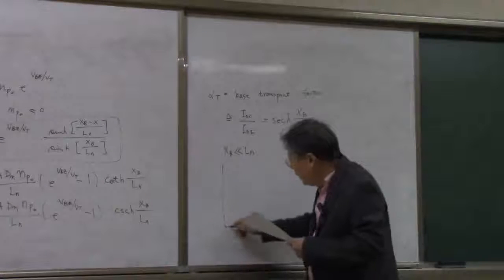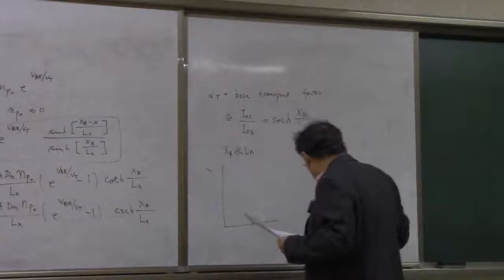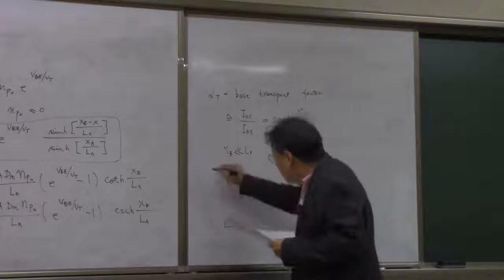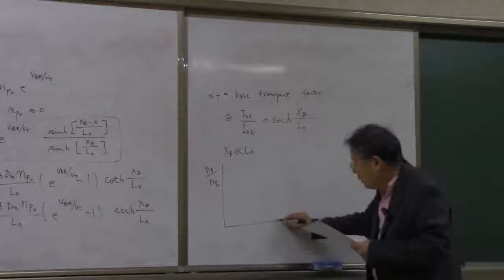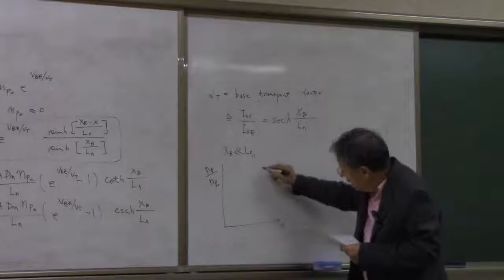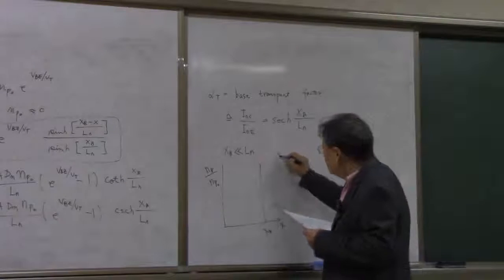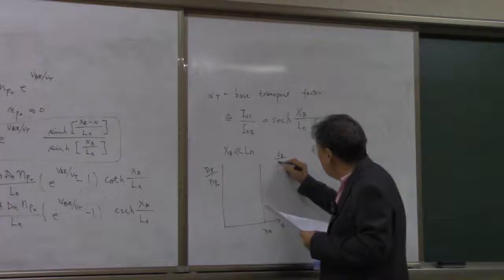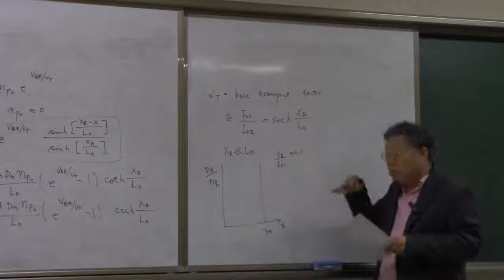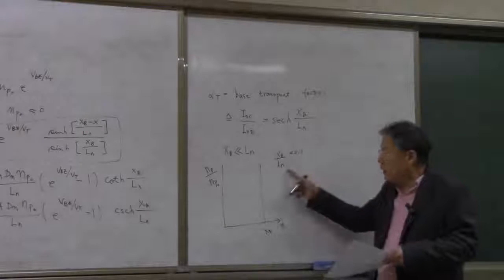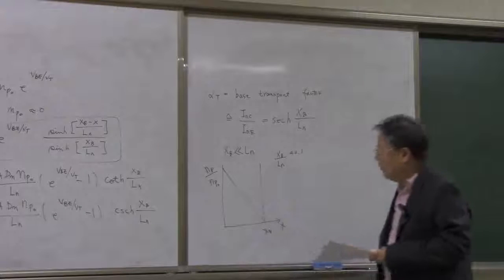And if you plot n_p over n_p0 with respect to the distance x, and let's say this is x_B, and when x_B over L_n is about 0.1, x_B is 10 times less than L_n, then we are supposed to have a straight line here.